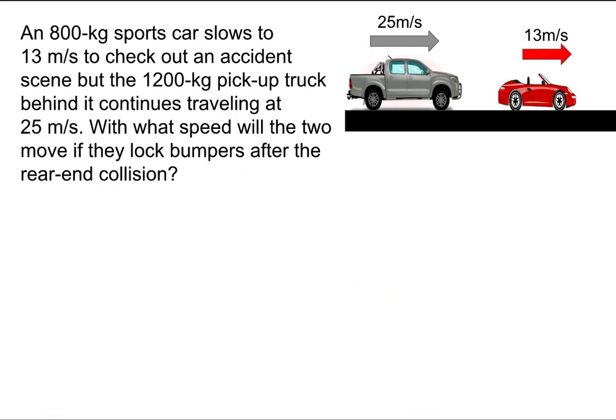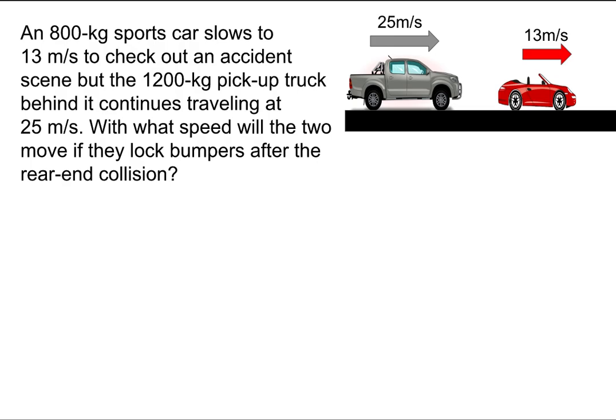All right, so this problem includes something that's, again, a key phrase to think about. We have two cars traveling, and the faster silver car is going to rear end the little red car. But notice the question says, what is the speed if they lock bumpers after the collision?